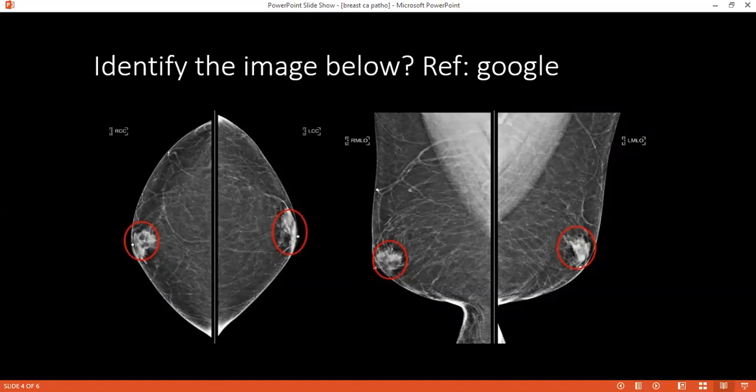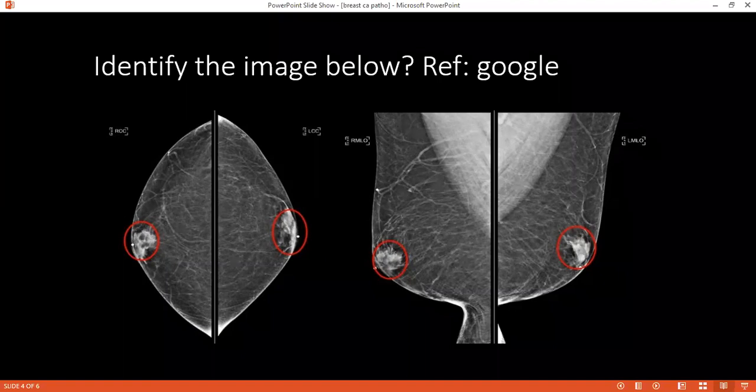Okay. When you did the excision and you were waiting for the report, you also wanted to know about the receptors. What does HER2 receptor mean? What does the presence of this receptor mean? HER is basically the human epidermal growth factor receptor.